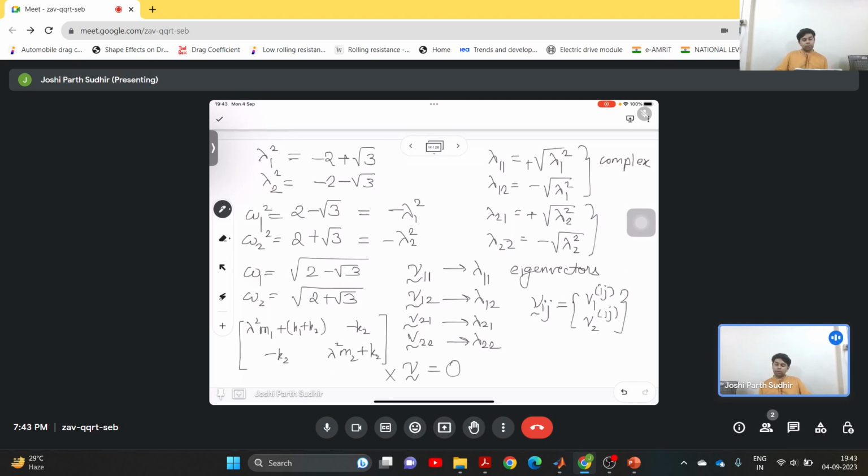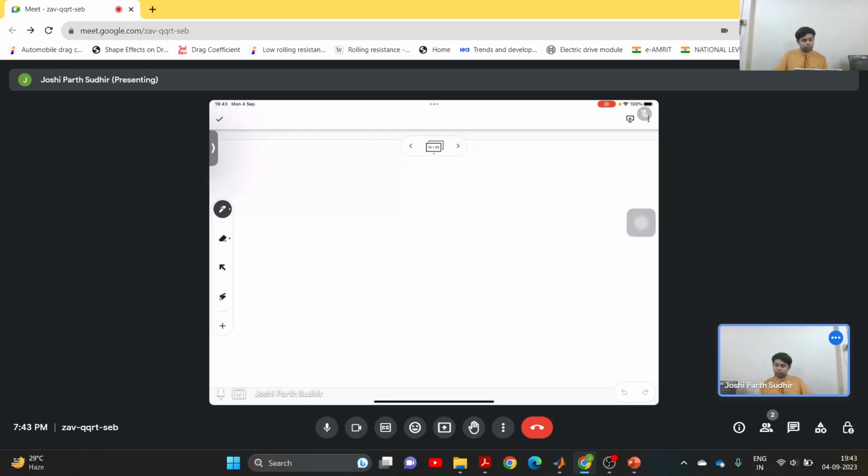So now let us try to solve for the eigenvectors. Therefore we will get lambda 11 square m1 plus k1 plus k2, minus k2.